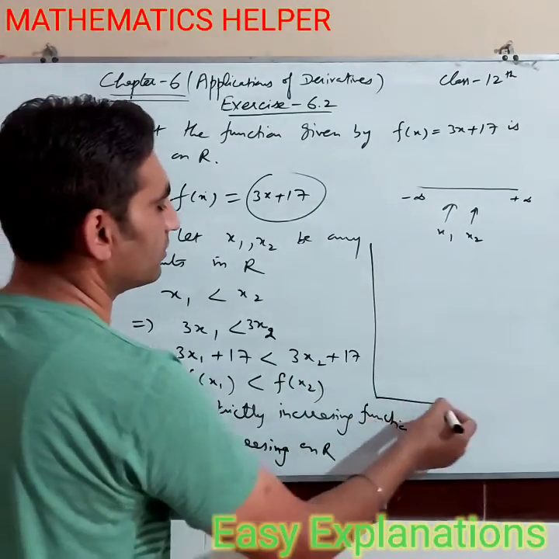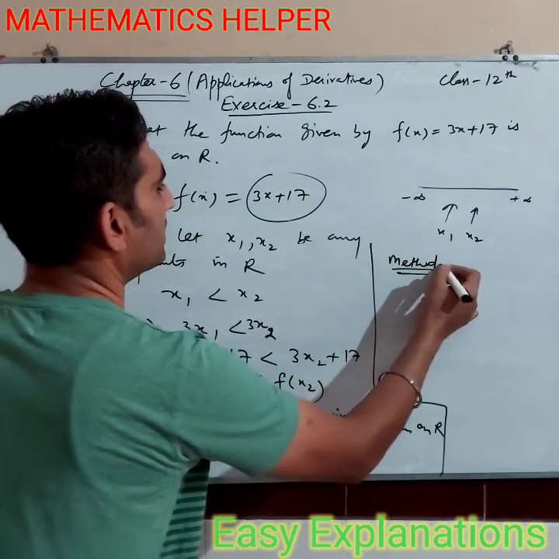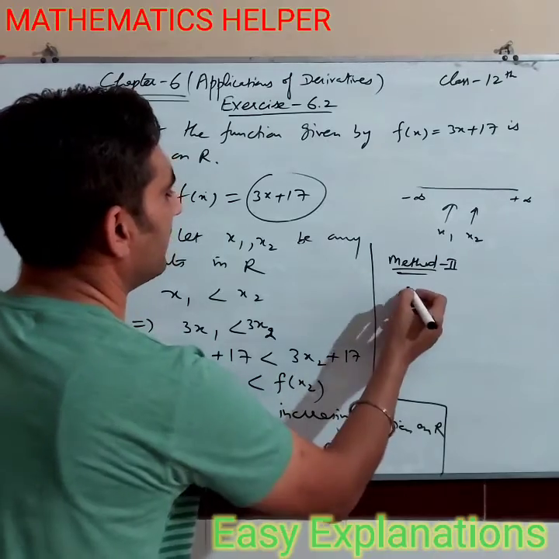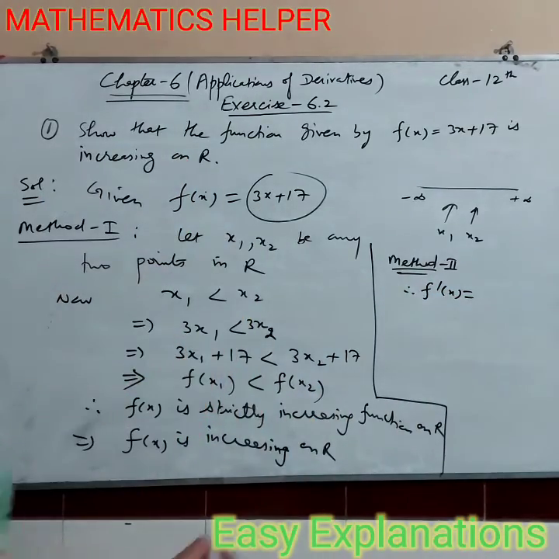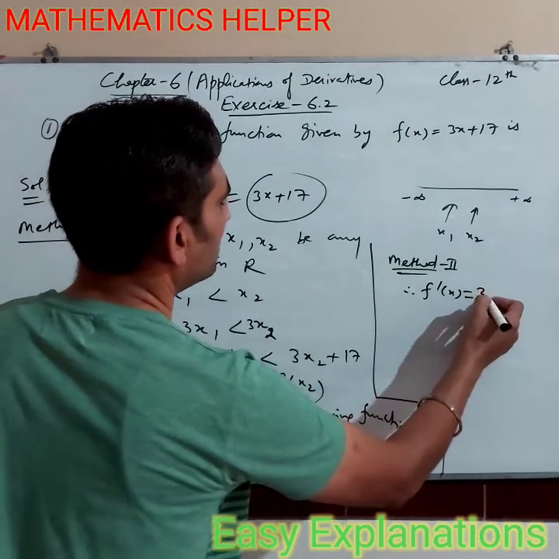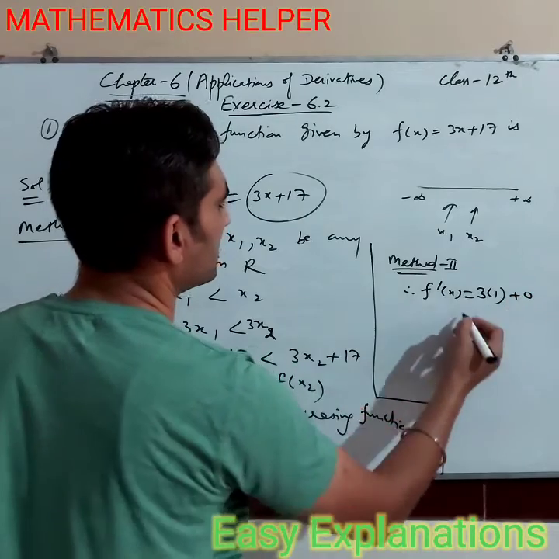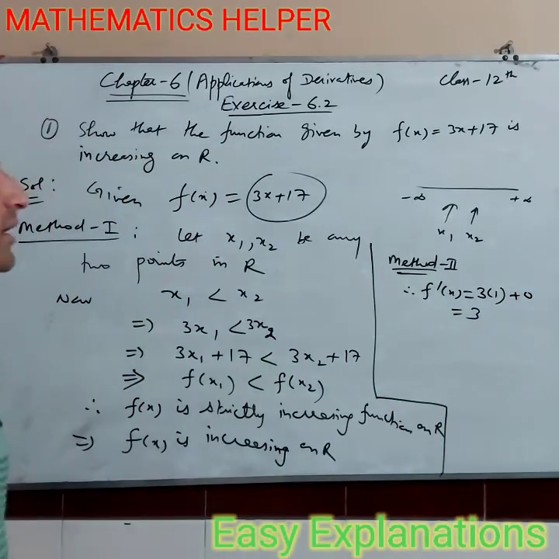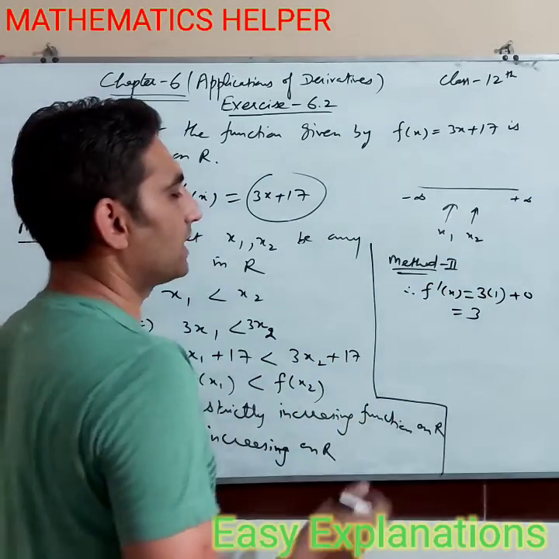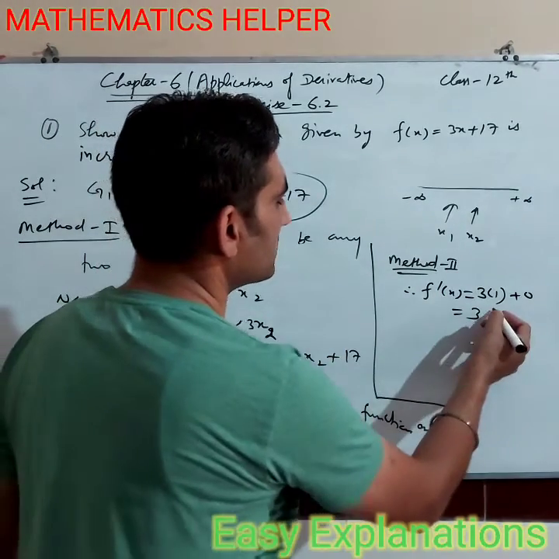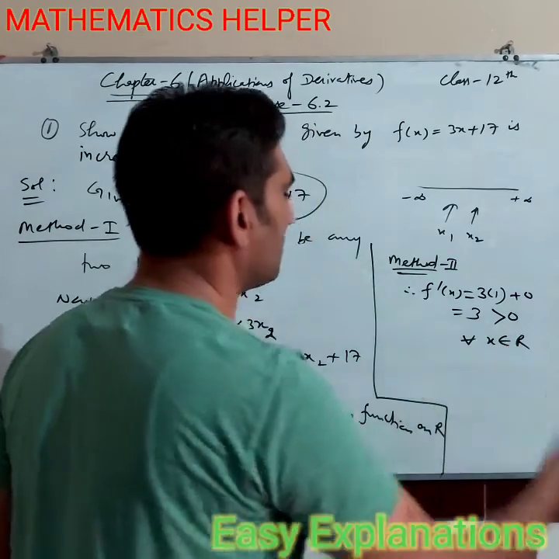Now method number 2. Method 2 is very simple. In method number 2, we will write the derivative f'(x). What is the derivative of this? Its derivative is only 3 into 1. The derivative of x is 1, plus the derivative of the constant 0, which is 3. Any point you use in place of x, your answer will remain 3, which is greater than 0 for all x belonging to the real number line.